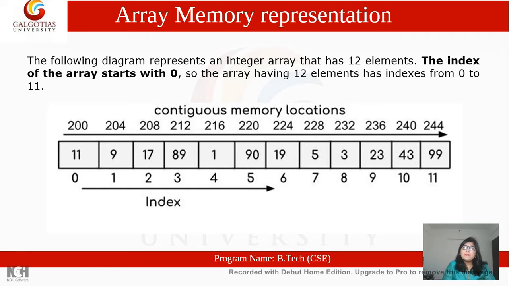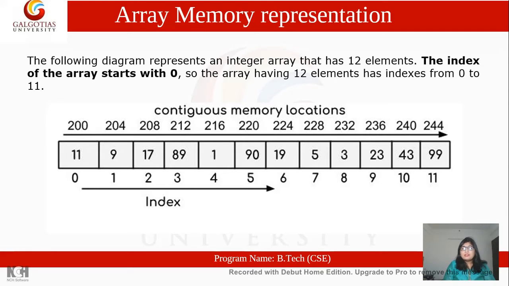That means if I say the size of the array is 12, then the number of elements will be 12. But when we talk about index values, the index will start from 0. And when we say index is going to start with 0, then our last element would be at index 11, which is n minus 1, as you can see.